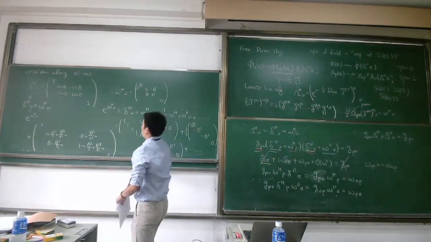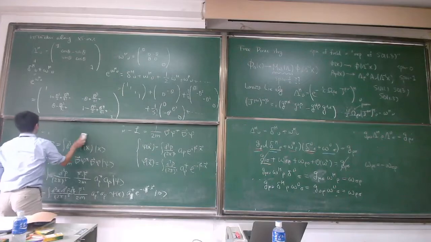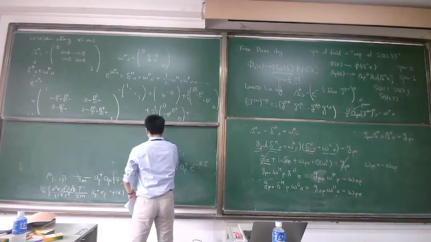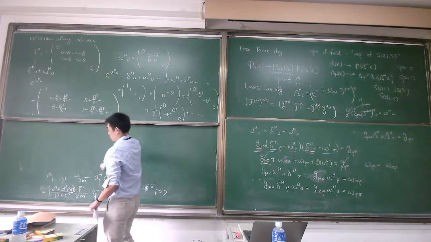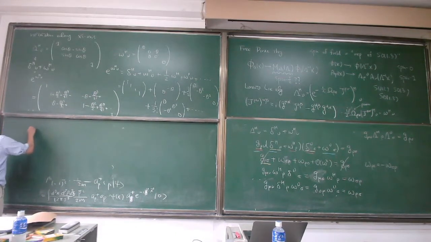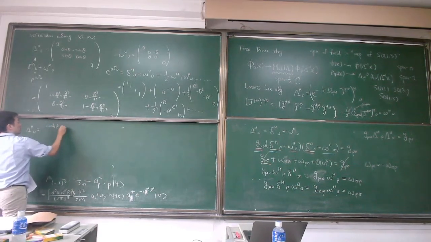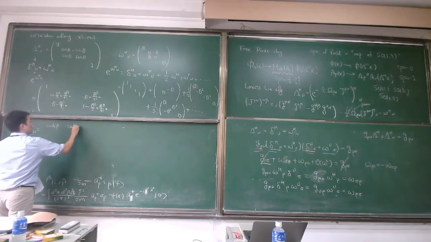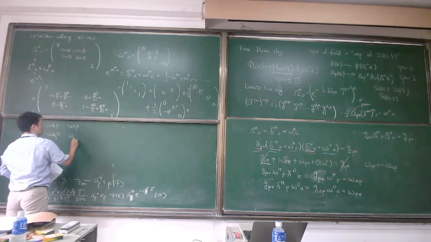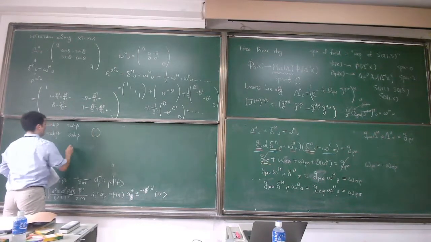So similarly, we can do the same thing for the Lorentz boost. Lorentz boost is essentially Lambda mu nu, which is cosh beta, sinh beta, sinh beta, cosh beta, zero, zero, zero.